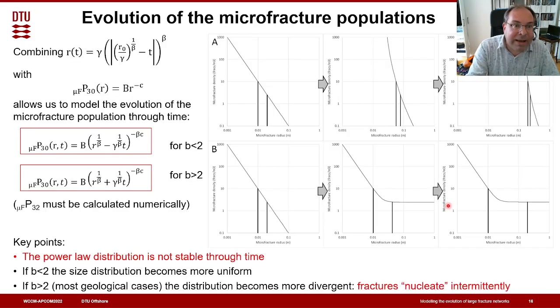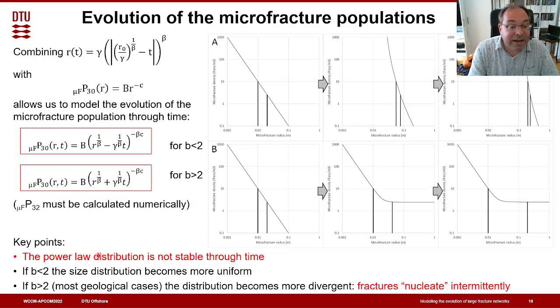Now, we can combine the power law distribution for the initial fracture population with our expression for the growth of the fracture through time to get an expression that describes the evolution of the cumulative fracture density distribution function through time. And there are several things to note here. The first is that this expression is not itself a power law function.